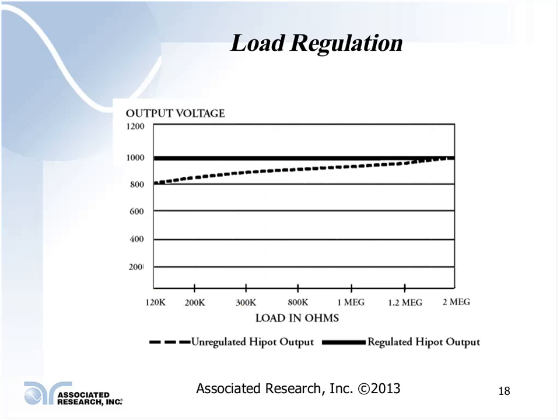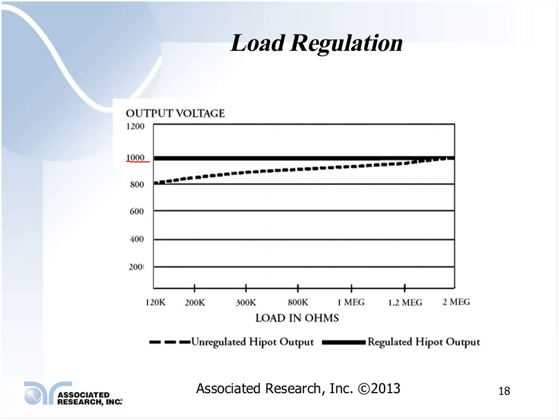Okay, load regulation. What happens if my load varies? If I'm testing different products, even though it may require a 1,000 volt test, well, depending upon how it is loaded down, the voltage could in fact sag.